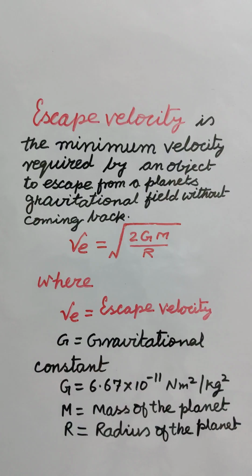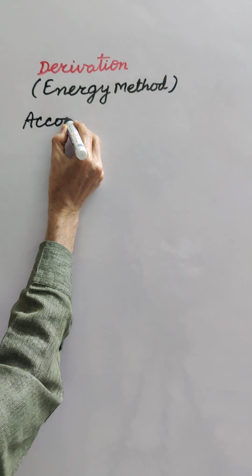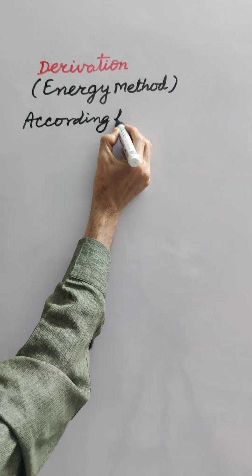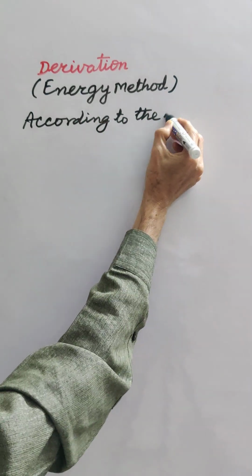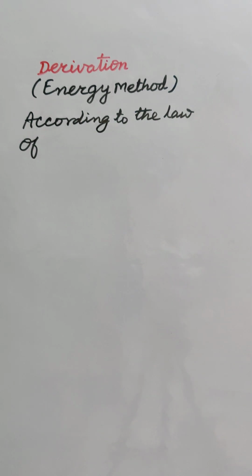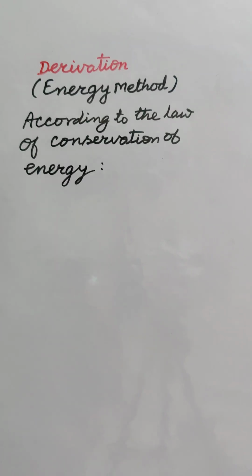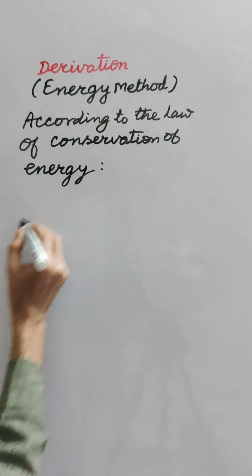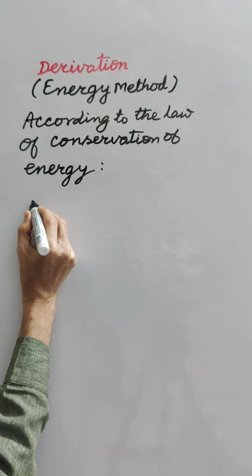We shall see how we can derive the formula for escape velocity. We shall see the derivation by using the energy method. According to the law of conservation of energy, initial energy is equal to final energy.